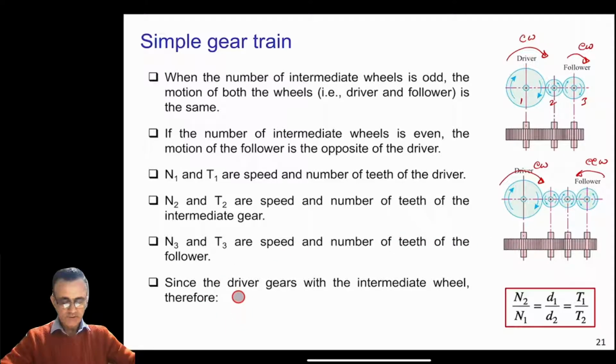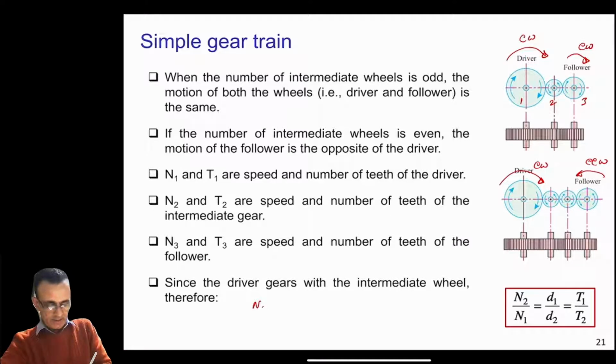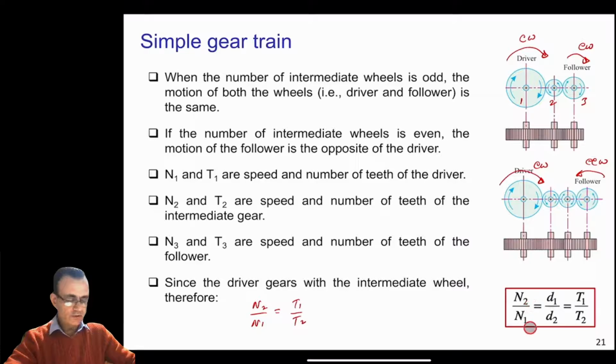Since the driver gears with the intermediate wheel, if you want to apply the velocity ratio here, as we did in the previous case, because this gear is meshing with this gear here, we can say that N2 divided by N1 is equal to T1 divided by T2.